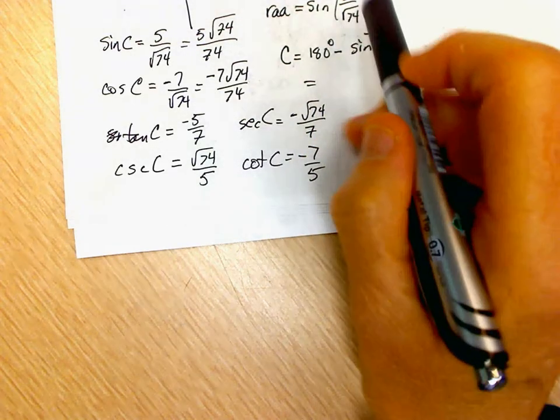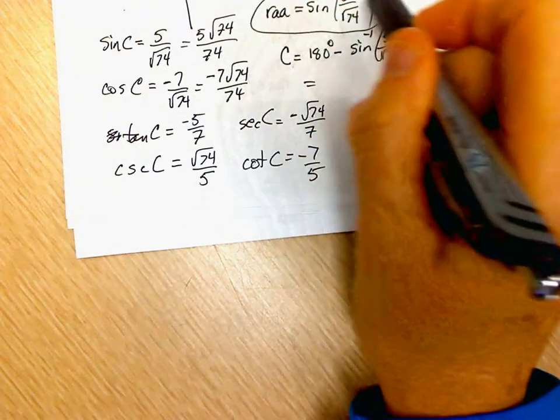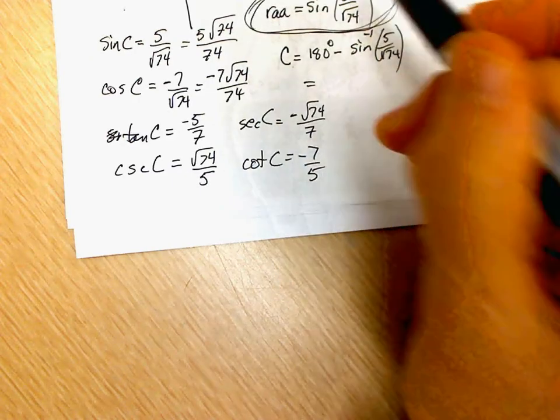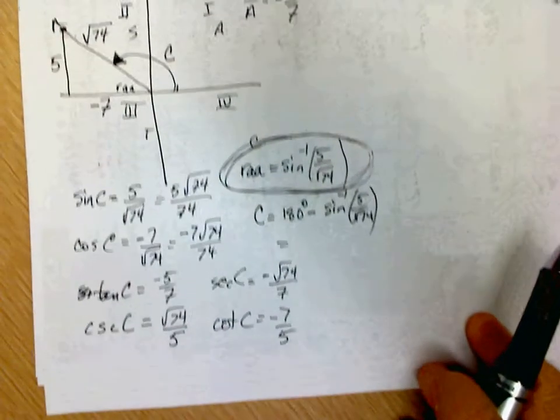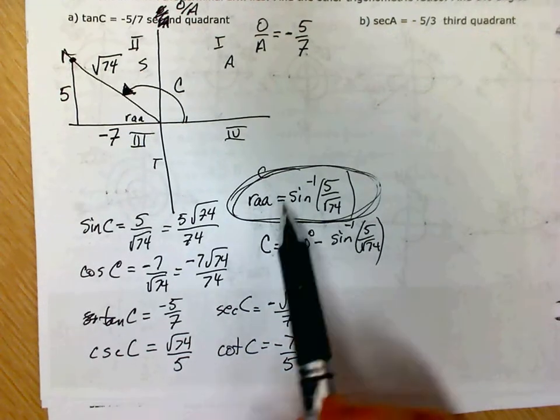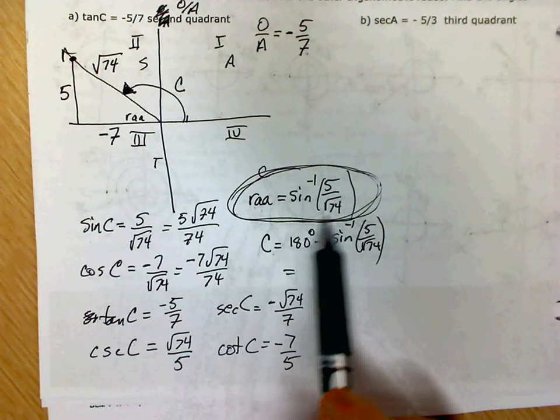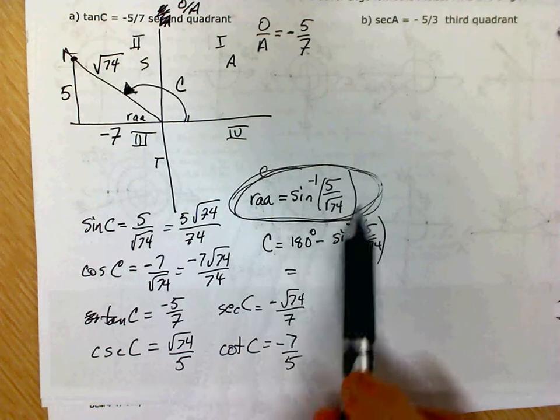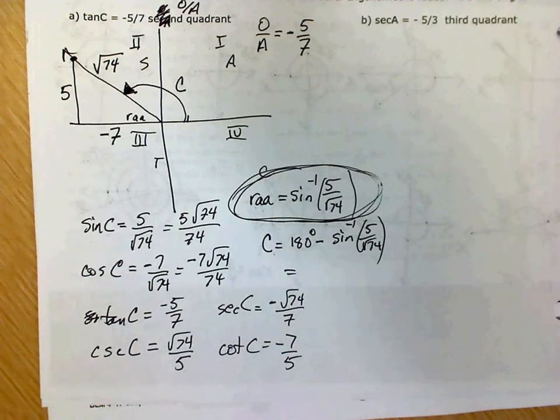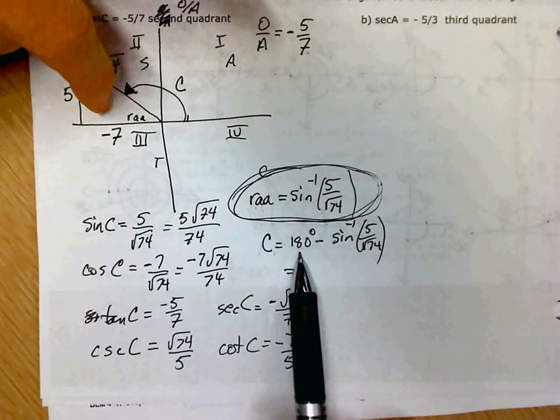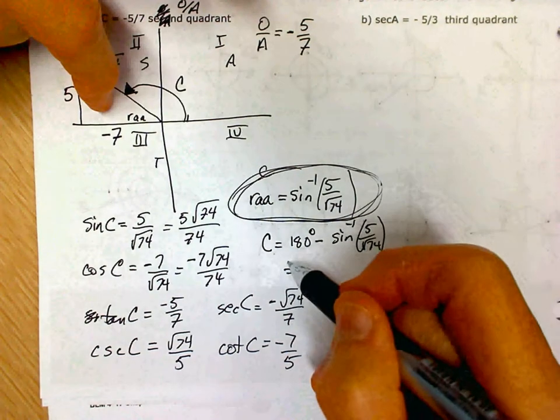When you plug this into your calculator, you will get the related acute angle. But C will equal 180 minus the related acute angle.